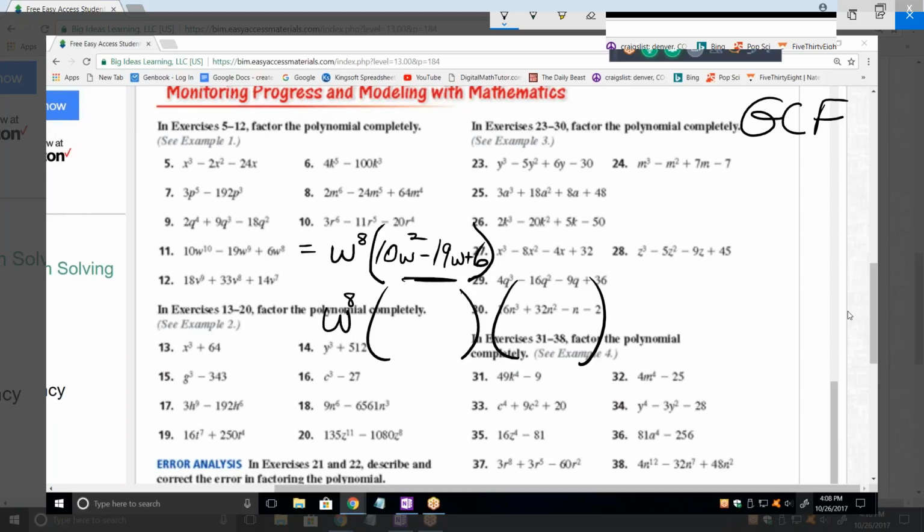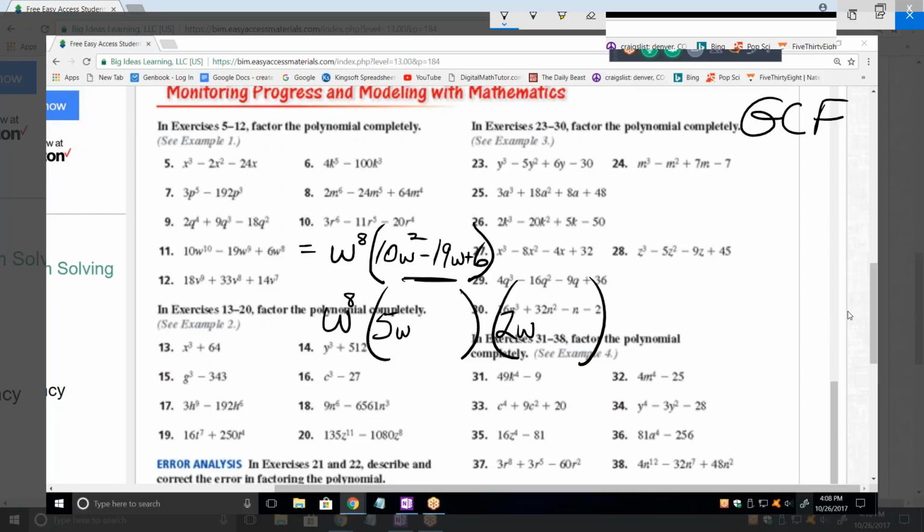How am I going to break up the W squared? What's the most likely way that it breaks up? 5 and 2. Oh. 5W and 2W.